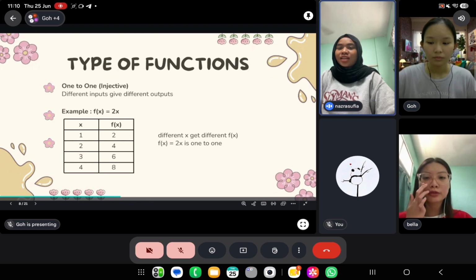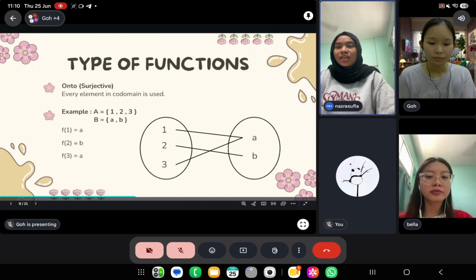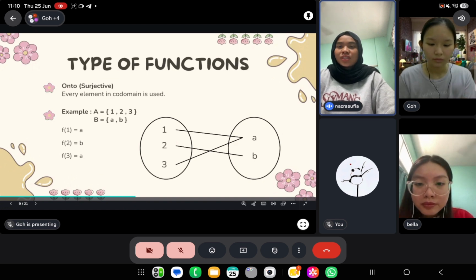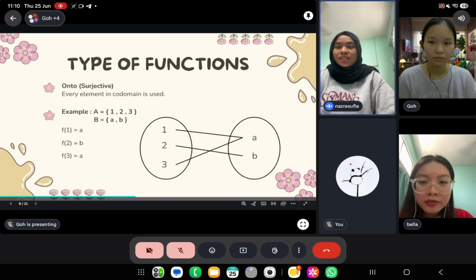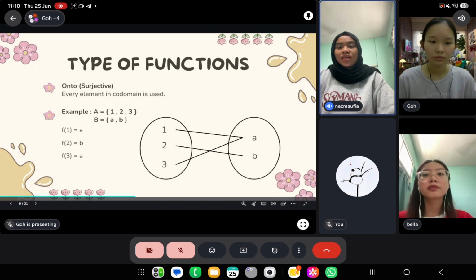So we go to the next type, which is onto, which is surjective. Every element in the codomain is used. For example, A equals {1, 2, 3}, and B equals {a, b}. f(1) equals a, f(2) equals b, and f(3) equals a.